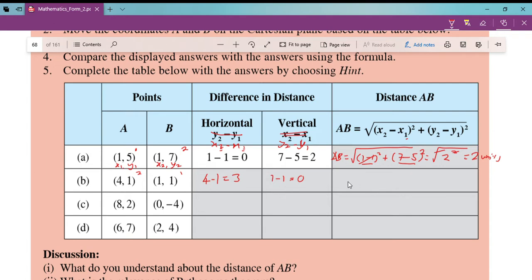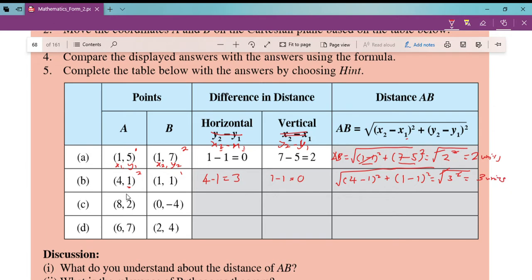So the distance for this case is square root of x2, which is 4, minus x1, which I choose as 1, then plus y2, which is 1, minus y1, which is also 1. So 1 minus 1 is 0, and here you get nothing, so you have the square root of 3 squared. The final answer is 3 units.